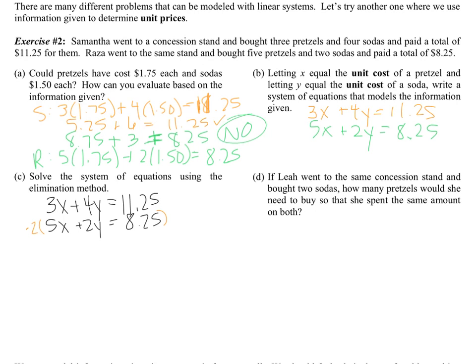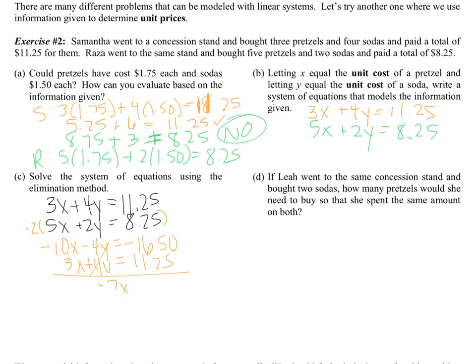So that one becomes negative 10x, negative 4y, and $8.25 times negative 2 is negative 1650. I'm going to rewrite the first equation. So 3x plus 4y equals 1125. All right, so the y's eliminate.